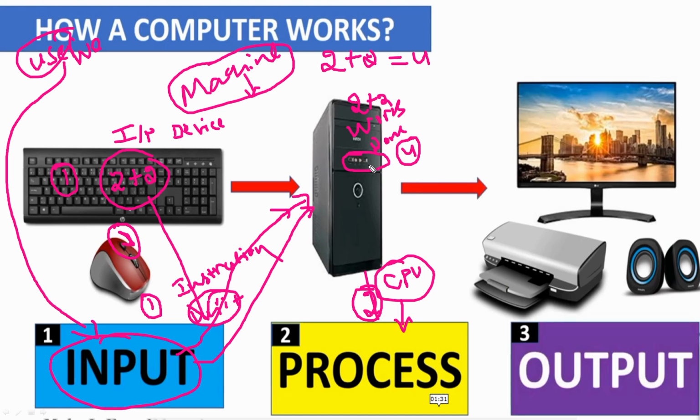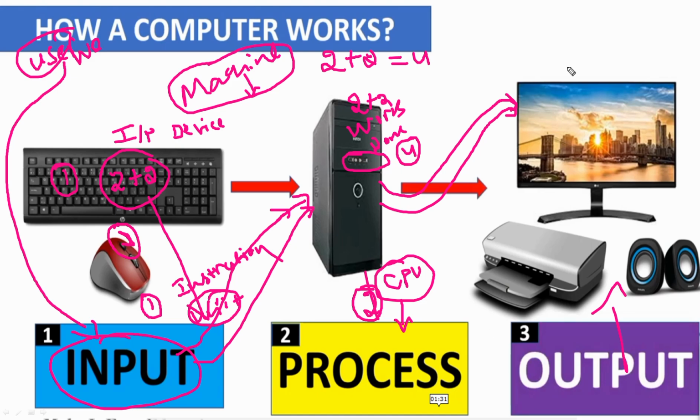But the CPU does not have any option to display the output on itself. So the processing unit sends the answer, or final result, to the output unit. The entire unit where we get the final result from the computer is called the output unit.